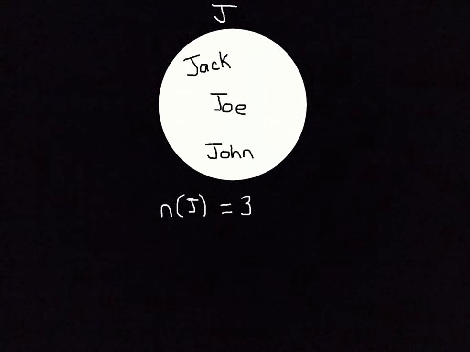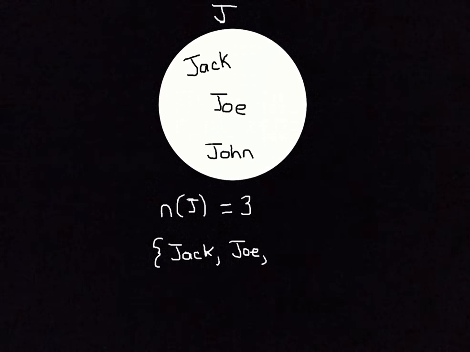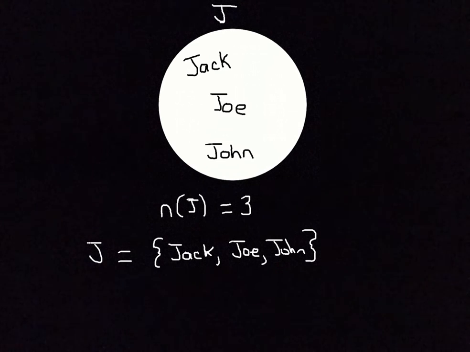So the number of elements in set J would be 3: Jack, Joe, and John. We would write these out in brackets: we've got Jack, 1 element or member, we have Joe, and we have John. This would be set J equal to these elements. This is the notation of how I'd write sets and their elements.